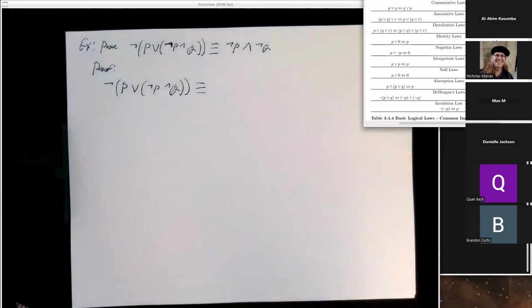So you're trying to match the form of one of these laws as opposed to the particular letters.